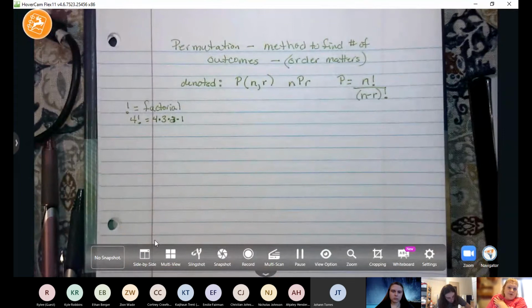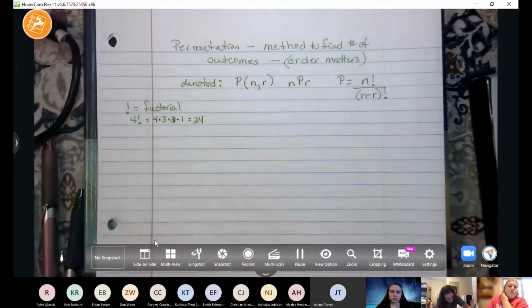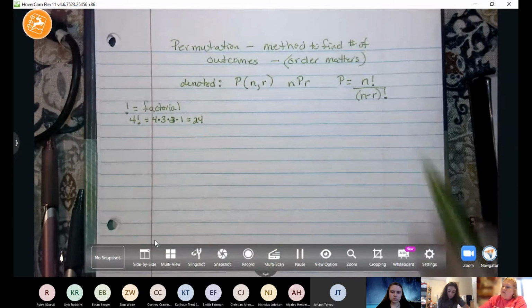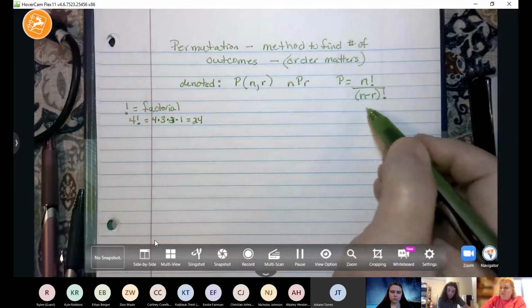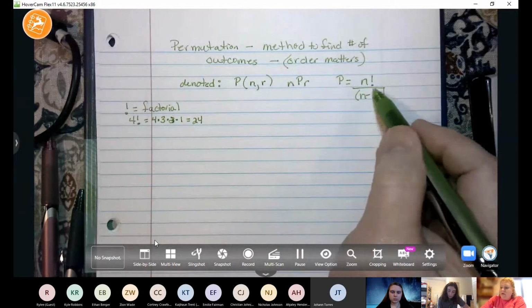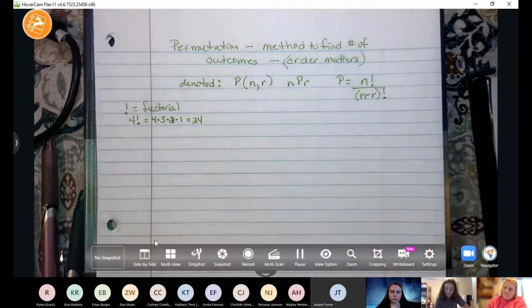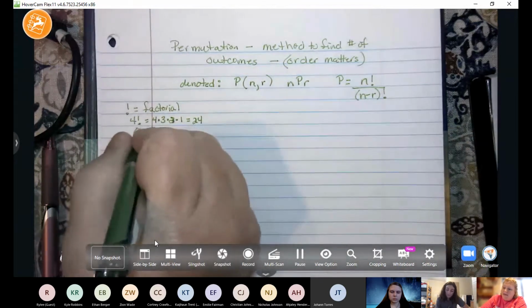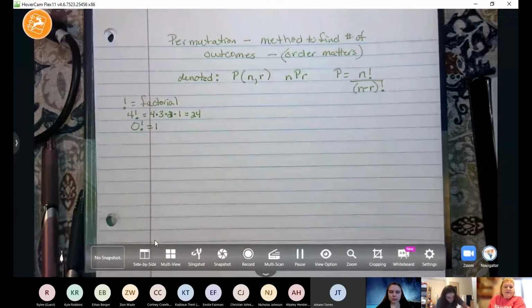So 4 times 3 is 12, times 2 is 24, times 1 is 24. That would be how you would calculate a factorial. So in this formula, that means we're doing n factorial over n minus r factorial; you do the subtraction first. And if you get 0 factorial, that answer is 1.